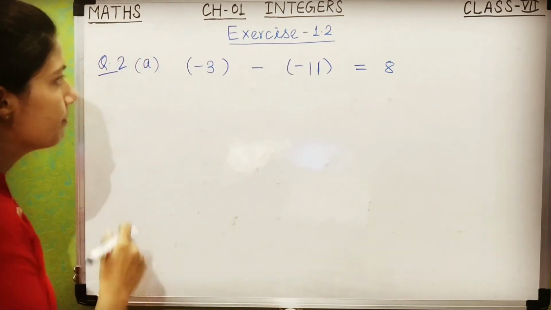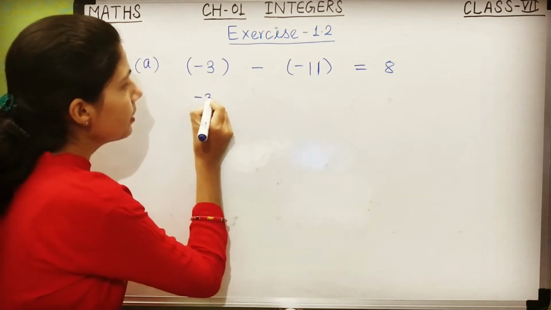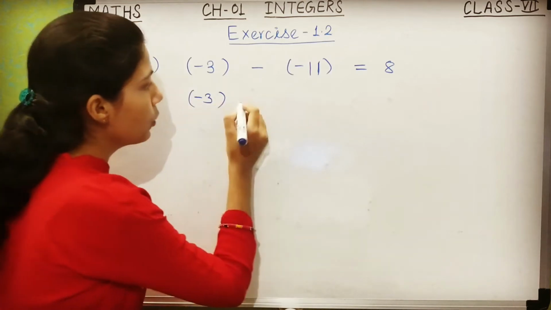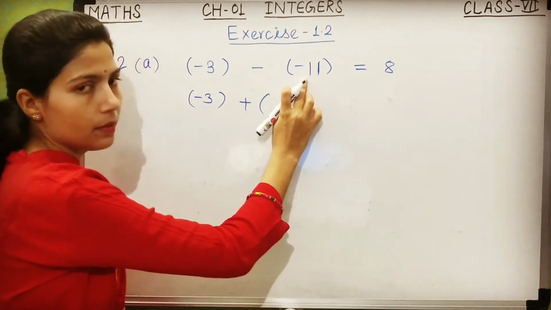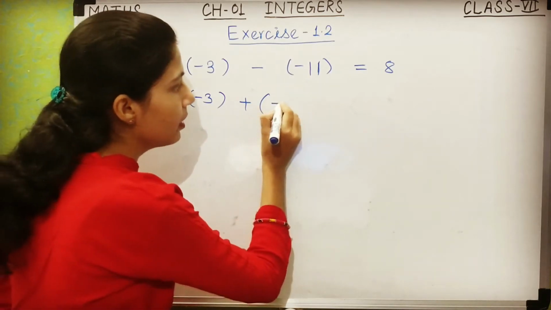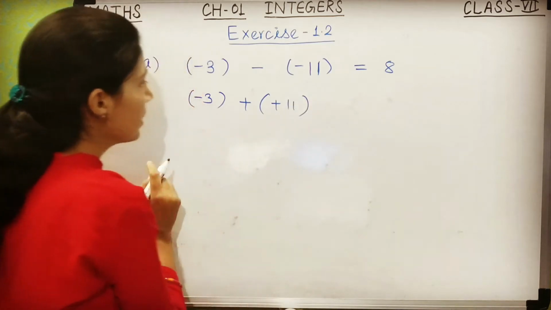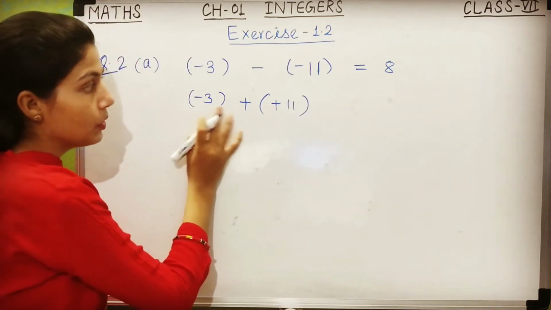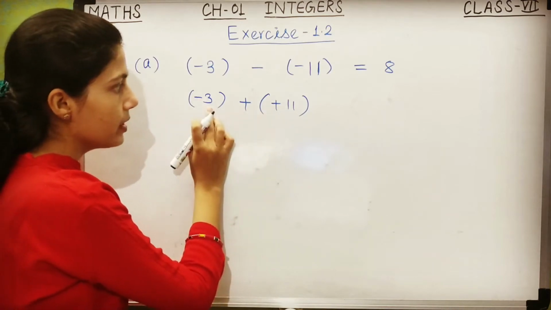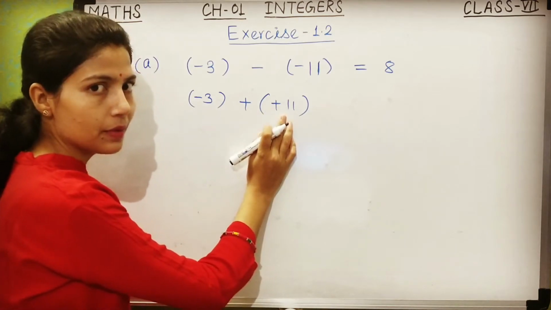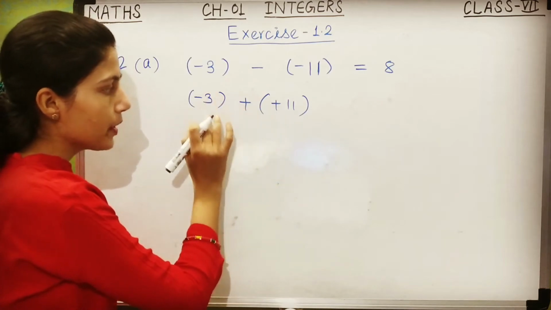Okay, now see, the first integer will be as it is, then put addition sign, then write down the additive inverse of -11, that will be +11. Now see, according to the fourth rule of addition, if one is negative another is positive, so you have to subtract the numbers.